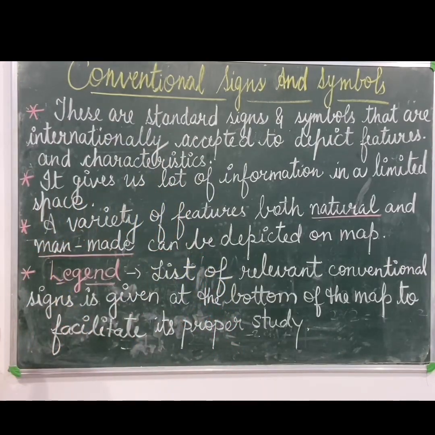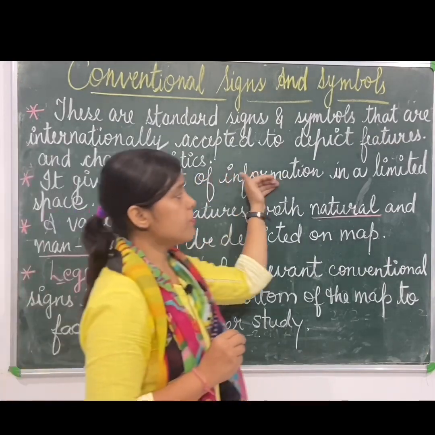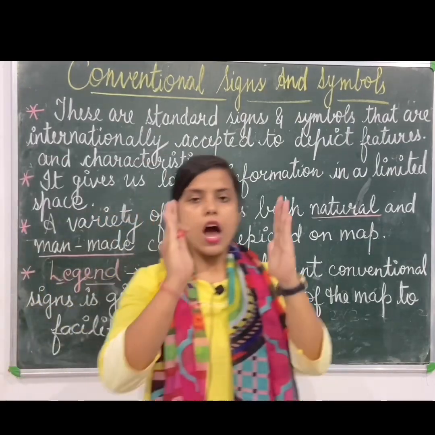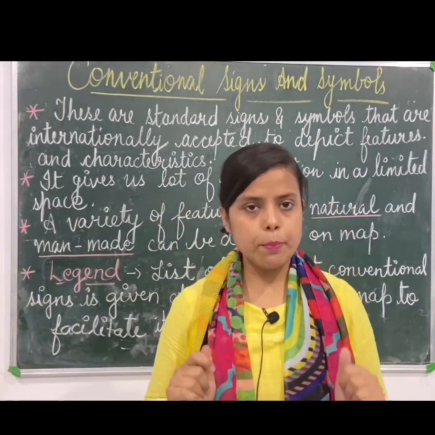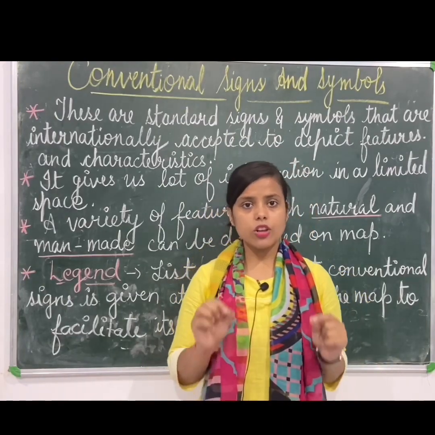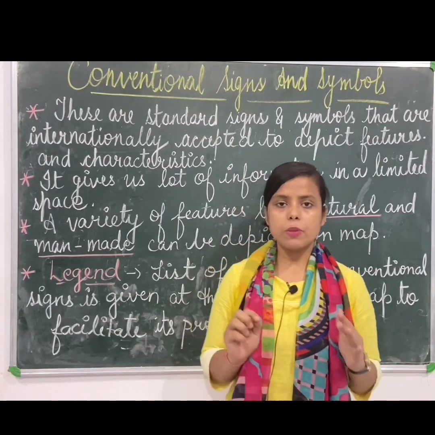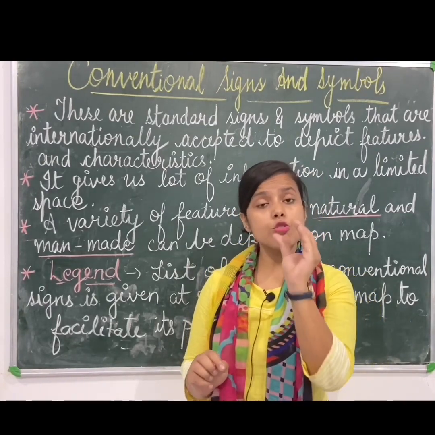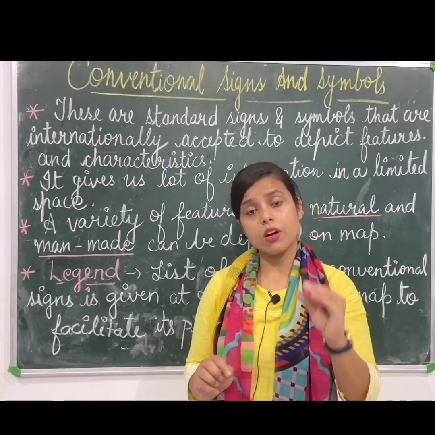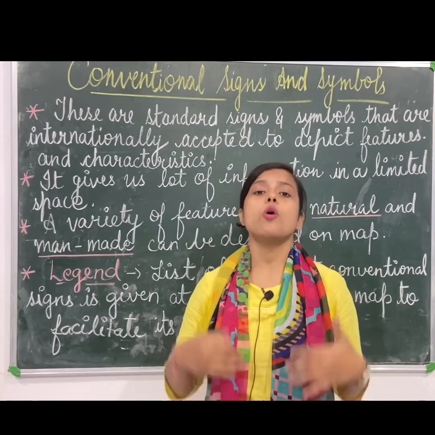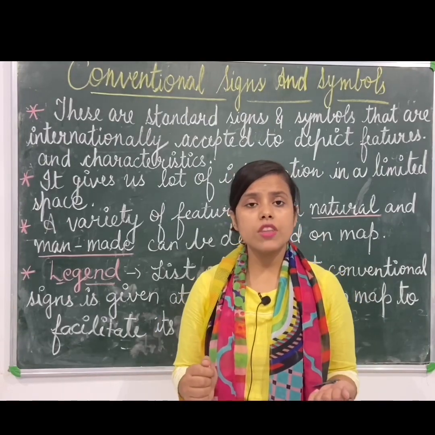Our second point says that it gives us a lot of information in a limited space. Since our map is on a sheet of paper, the space on the map is very limited. So you have to use signs and symbols, and from those simple signs and symbols you have to say so many things to the user of the map.